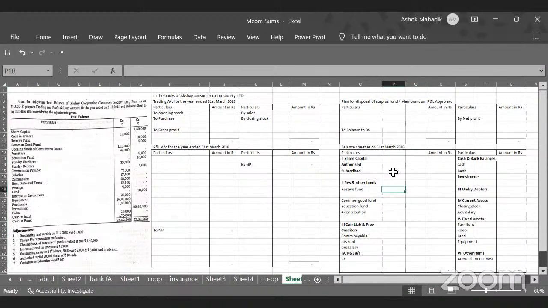Under subscribed, we'll write 1,60,000. Below that, call arrears are there, so it will be subtracted from this: less call arrears 10,000. The outer column will have 1,50,000.